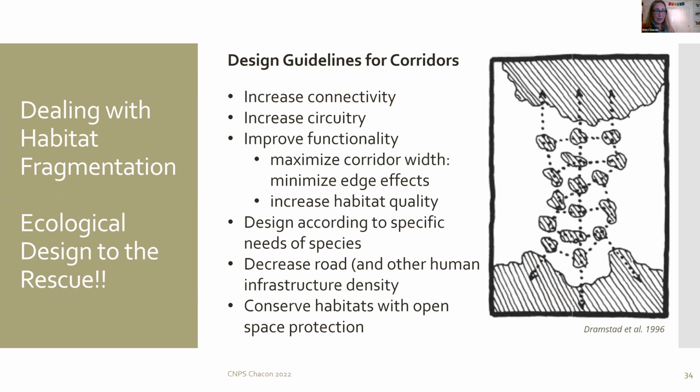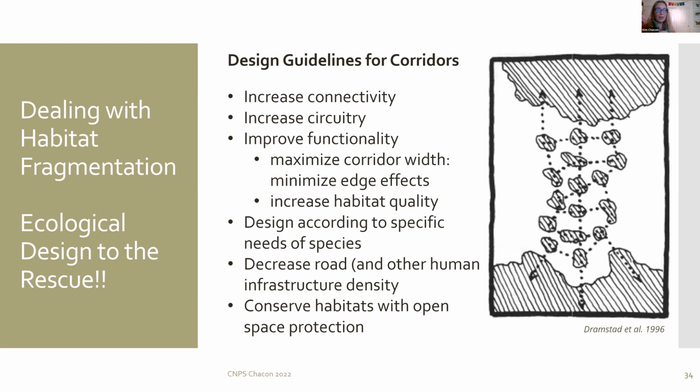So, dealing with habitat fragmentation, as a designer, we have a toolkit for designing corridors, which there's been a big emphasis on in the past 11, 12 years. There are rules though. We have this diagram with the top and the bottom here, and your goal is to create a bunch of stepping stones to get from one habitat patch to the other.